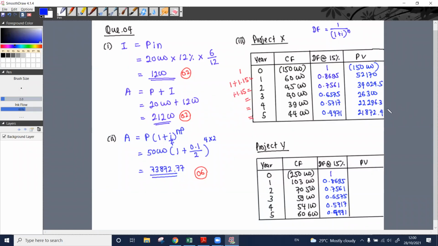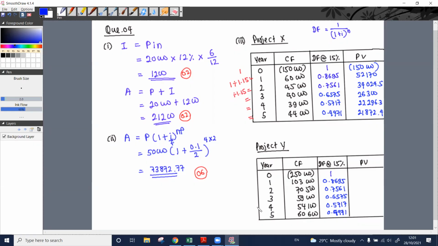So what should be the total? Something minus, no?